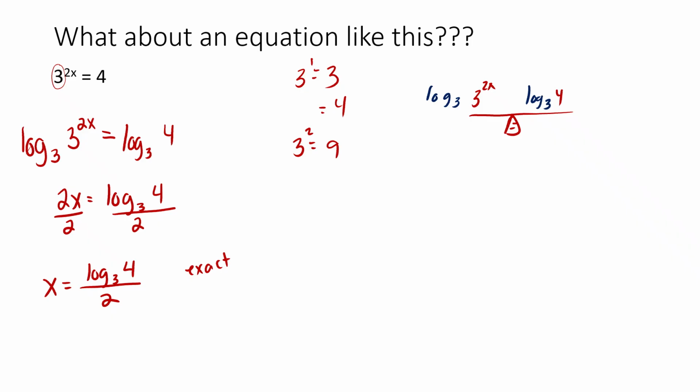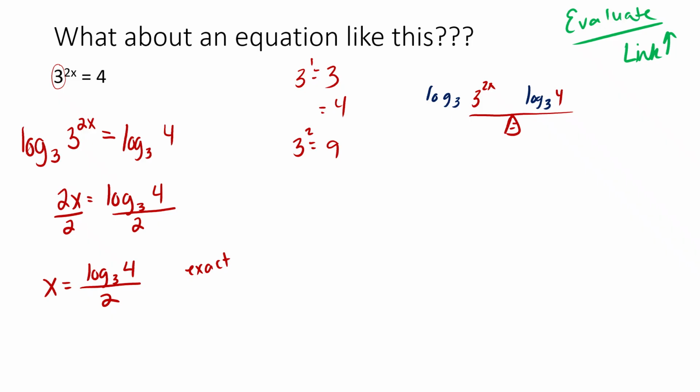Now, to evaluate that, I'm going to put a link up here for evaluating. If you are not sure how to use a calculator to evaluate that log, be sure to click on that link right there for a quick, less than 3-minute tutorial on how to do that. I'm going to be doing it on my calculator here.